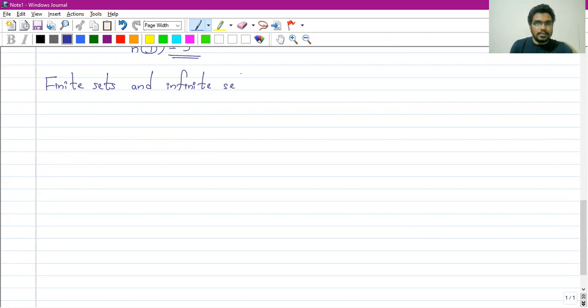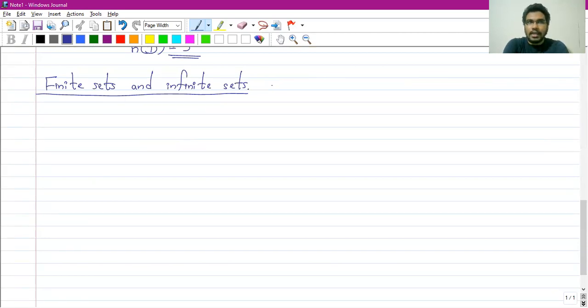So shall we see what are these finite sets and infinite sets? Before writing, we can express it like this. Finite sets mean, so I think you know what are the meanings of finite and infinite.